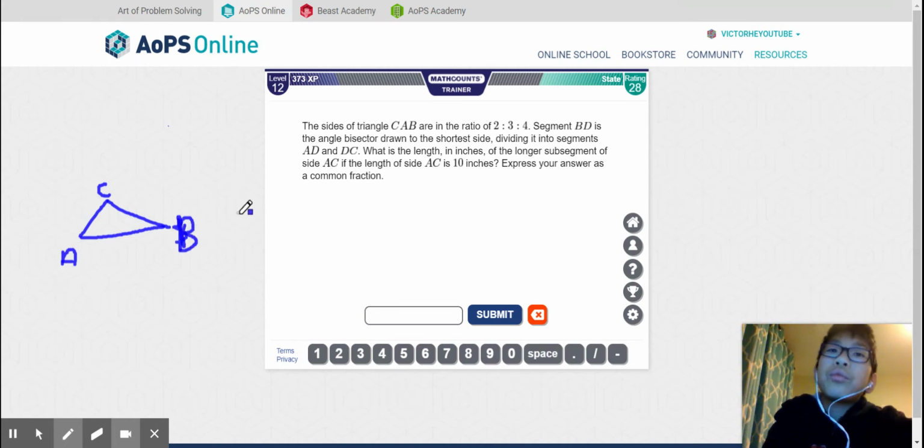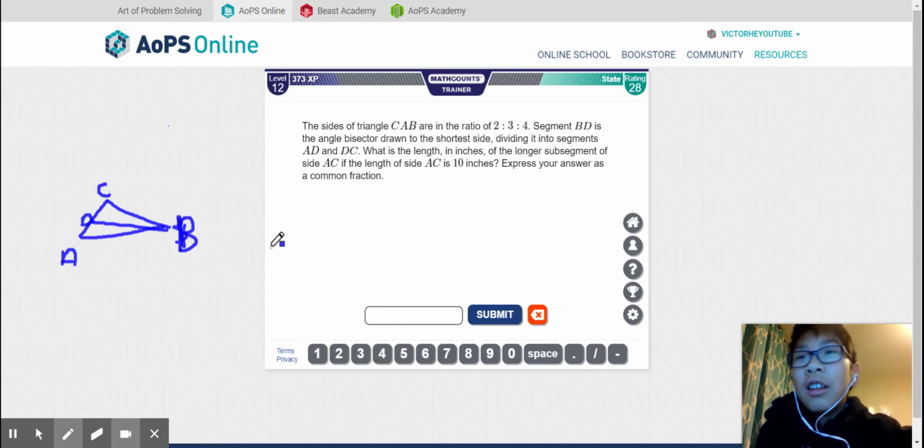Okay, CAB. So we have BD, probably right here, and it's the angle bisector. So this is D. What is the length in inches of the longer subsegment if AC is 10?